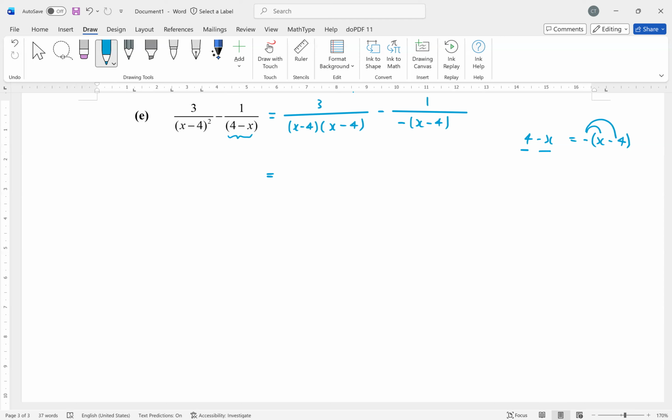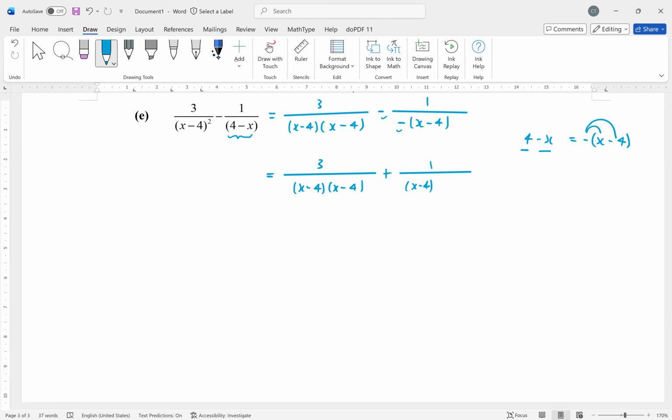Remember our objective is to make the denominator the same in the simplest possible way. So now what is the compensation we need to make? Negative times negative will become positive, right? That's the compensation we need to make. So it's going to become positive 1 over x minus 4.